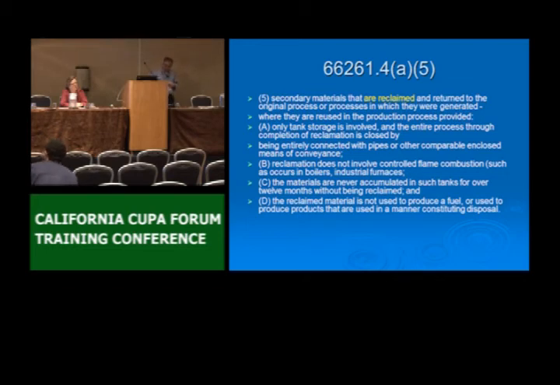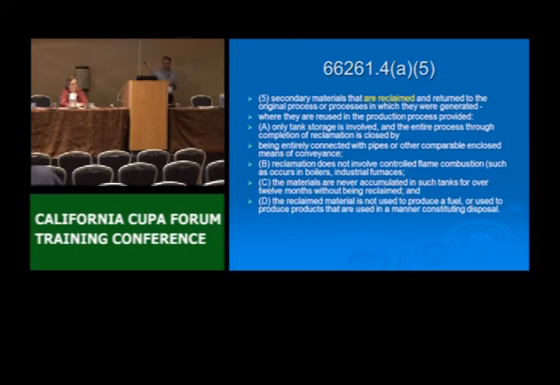More importantly, EPA is saying the waste needs to be staying in the process so that we feel comfortable excluding it. The reclamation process cannot include combustion or controlled flame combustion, such as occurs in furnaces or boilers. So the material can't be used as a fuel in a boiler. It can't be going into a furnace for reclamation or recovery.